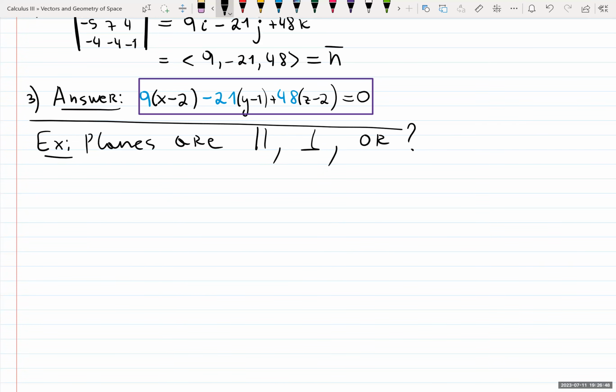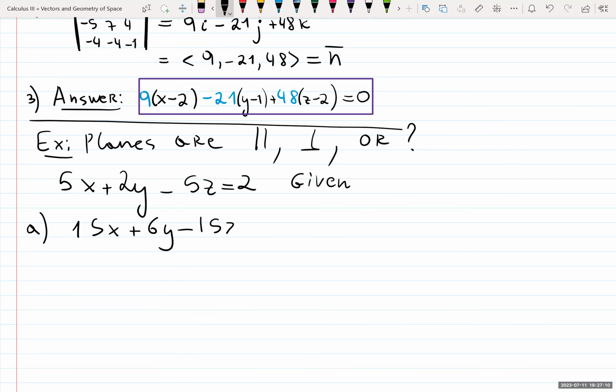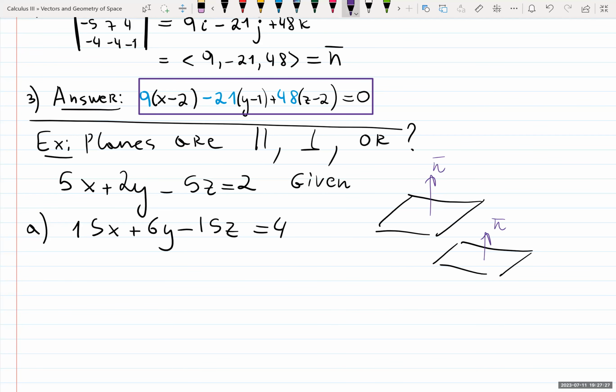How do you know? So from your homework, you had 5x plus 2y minus 5z equals 2. That's a given one. So A, let's compare it to 15x plus 6y minus 15z equals 4. Yes, no, which one do you think? So you check the normal vectors. If the plane is parallel to another plane, then these normal vectors will be parallel, right? But what does it mean for vectors to be parallel?